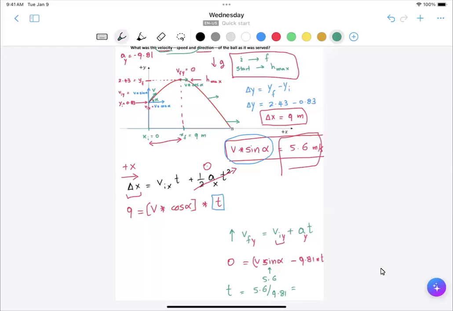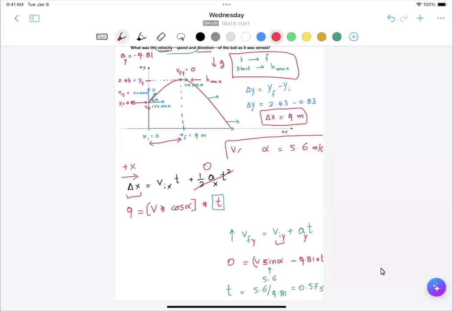Do the math on the calculator. You will get time equals almost 0.57 seconds. Okay, so I'm going to rewrite this back here.